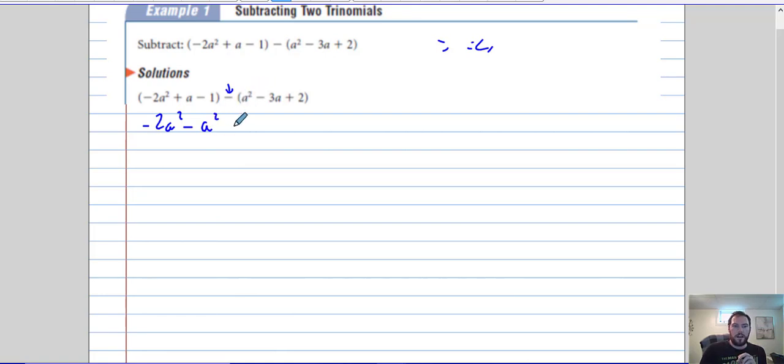Then I have plus a, and to it, I'm going to minus, so this minus is here, right? We're going to minus the negative 3a, and I have a minus 1, and from it we are going to minus that 2, right? So I'm combining my like terms, but as I am doing this, I am removing the bracket at the same time that I'm minusing these things.